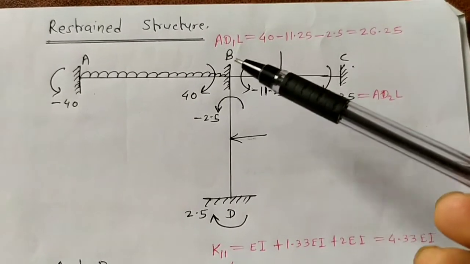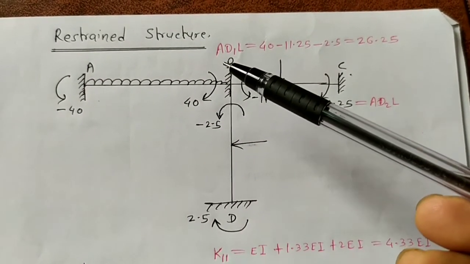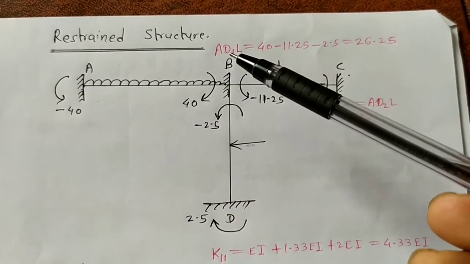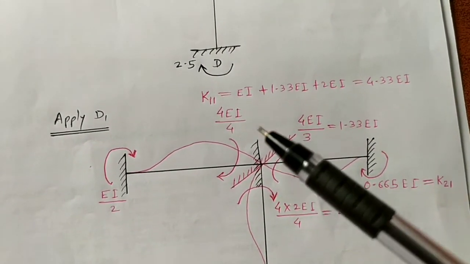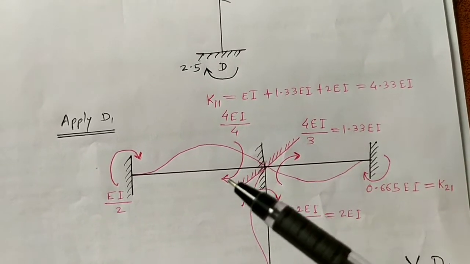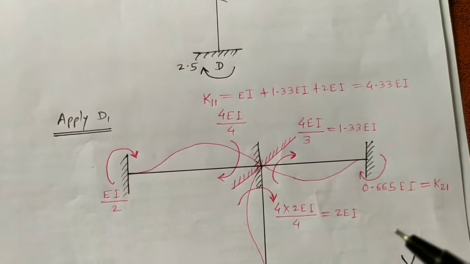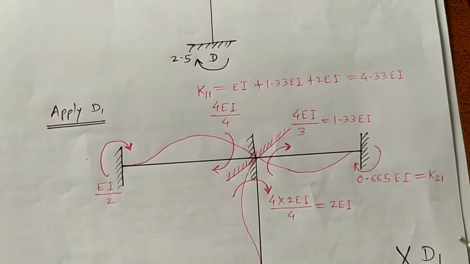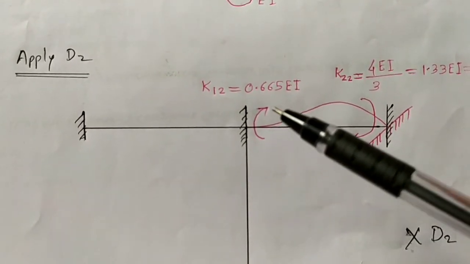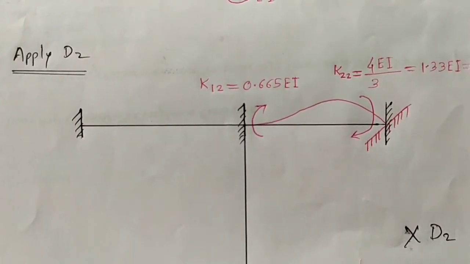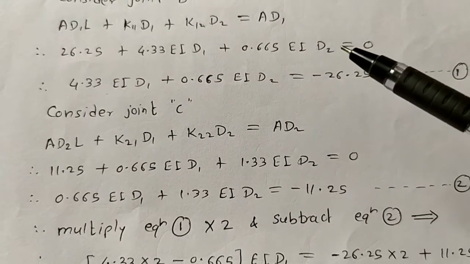In this diagram, we consider joint B. We take the addition of these 3 moments acting at joint B. In the next diagram, again at joint B 3 moments are acting. Take the addition of these 3 moments multiplied by D1, plus this moment multiplied by D2. We get this equation.